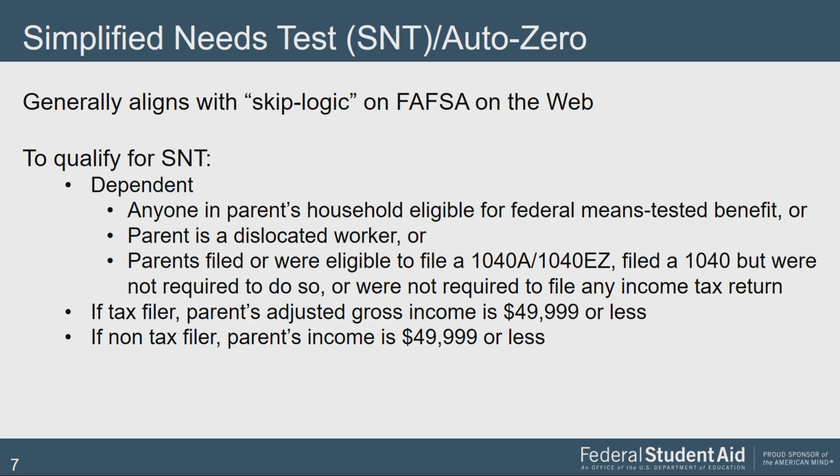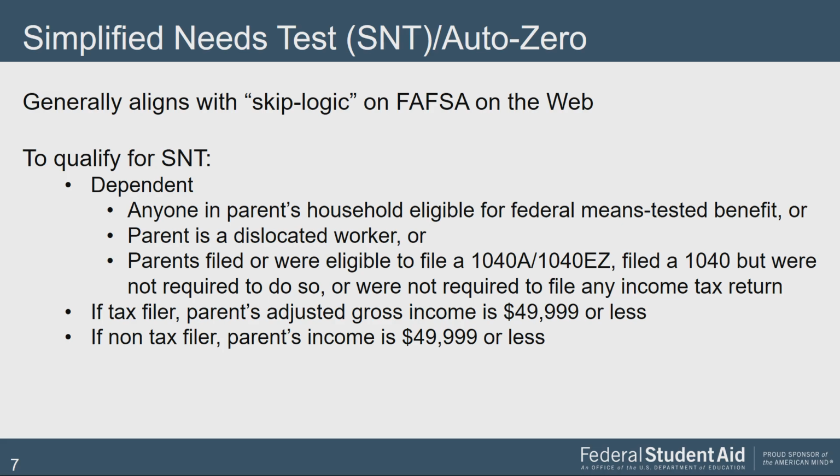And so I believe we added Medicaid about 2 or 3 years ago. Other ways to qualify: whether the parent is a dislocated worker, or whether the parents filed or were eligible to file a 1040A or 1040EZ, or filed a 1040 but were not required to do so but did so to get the education credit, or did so because they went to Jackson Hewitt and Jackson Hewitt used a 1040 for everybody.